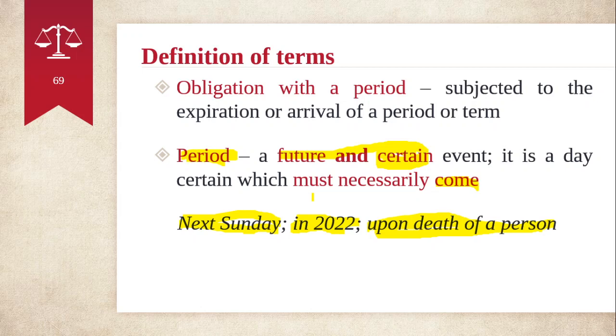Hindi naman tayo sure kung magpapakasal ka. Okay? Unlike pag sinabi kong, bibigyan kitang pera hanggang sa mamatay ka. Sure tayo mamamatay ka. Sooner or later, hindi nga lang natin alam kung kailan. Bibigyan kitang pera 5 years from now. Okay? Meron tayong period. Alam natin kung kailan matatapos ang 5 years from now. So, that's a period. Alright?